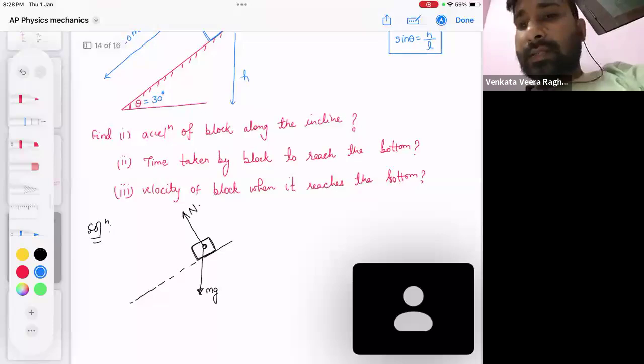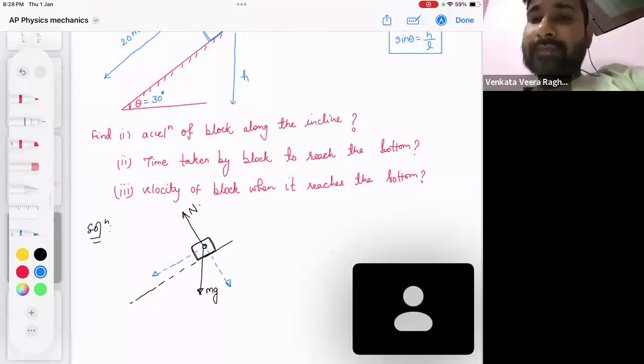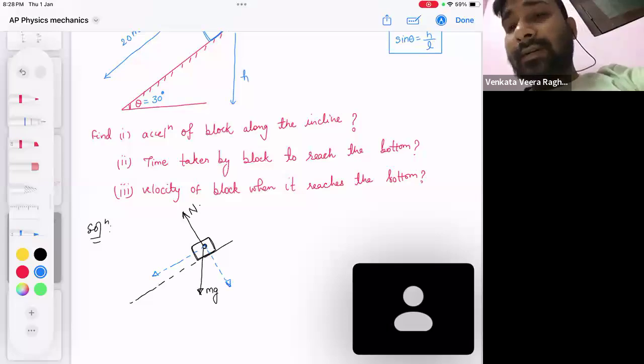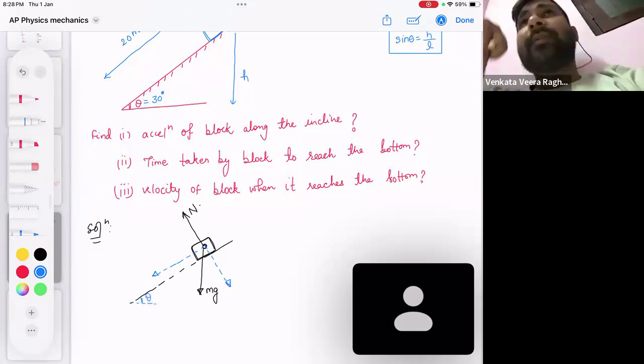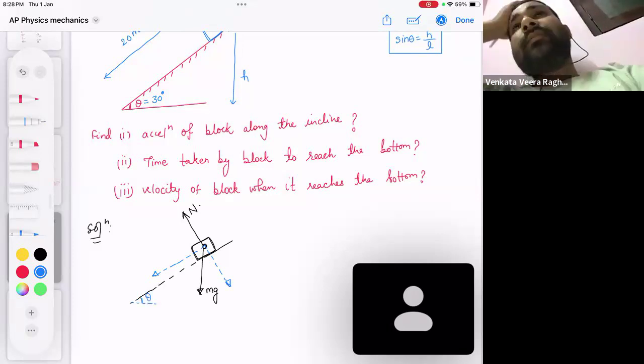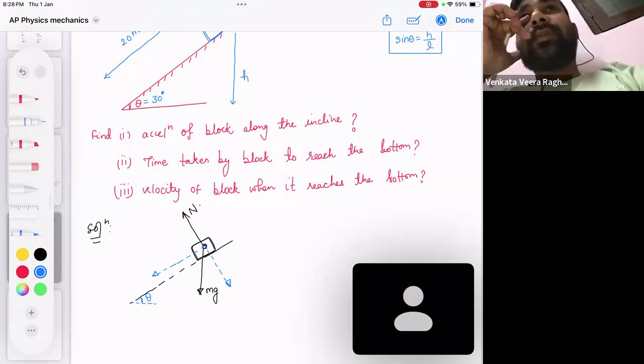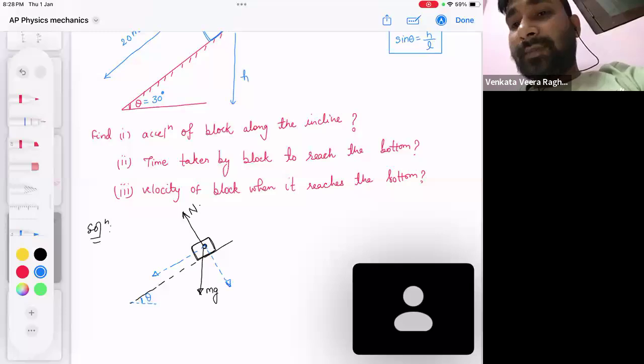So to calculate the acceleration, the first thing is to take the components. Here we will take the component along the incline and perpendicular to the incline. Why? Because along the incline, acceleration we will calculate. Perpendicular to incline, equilibrium will be there.